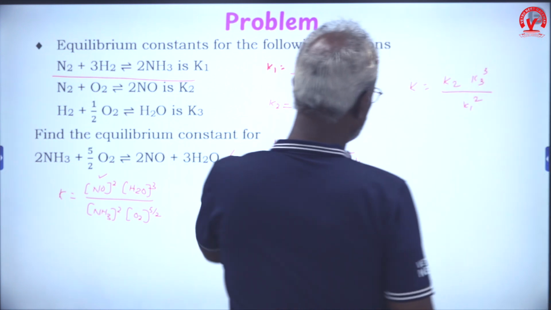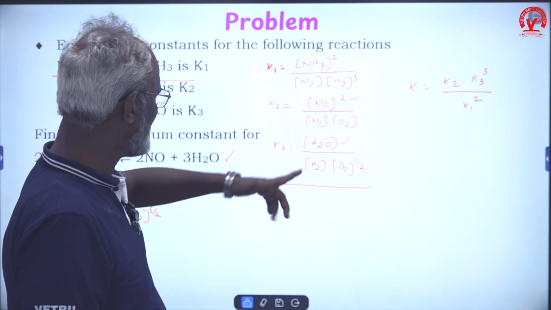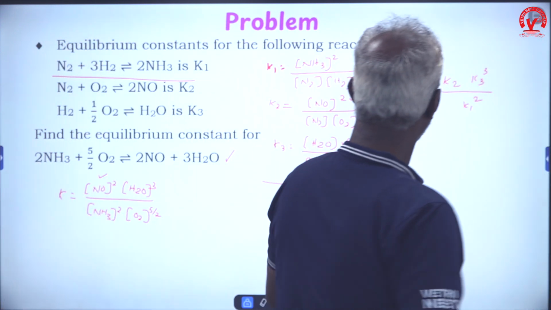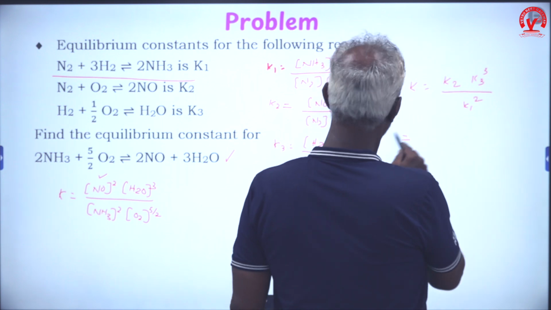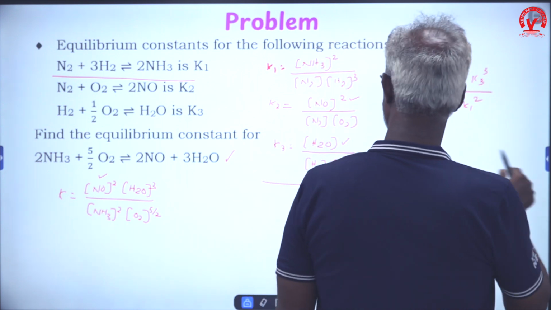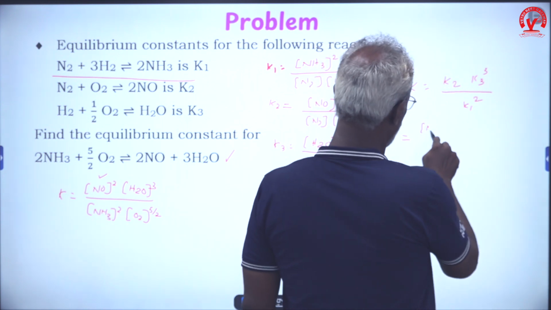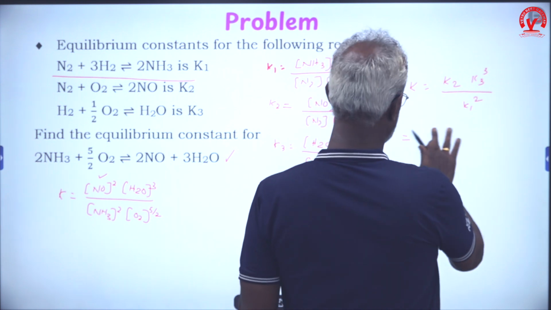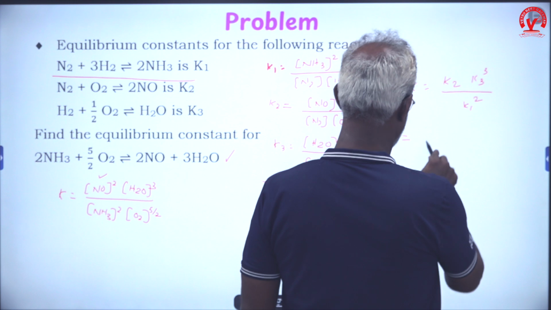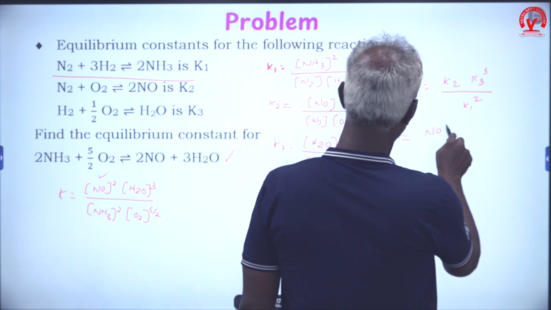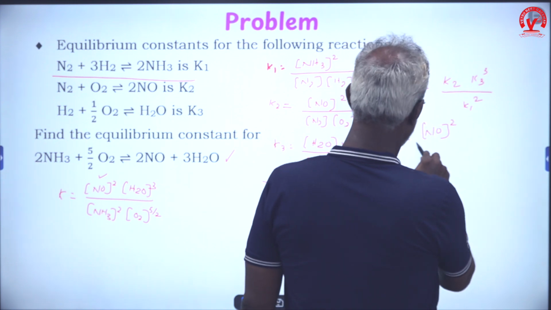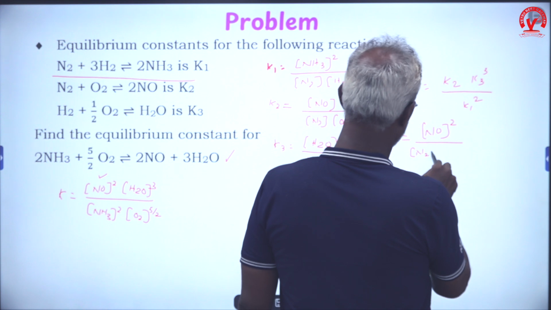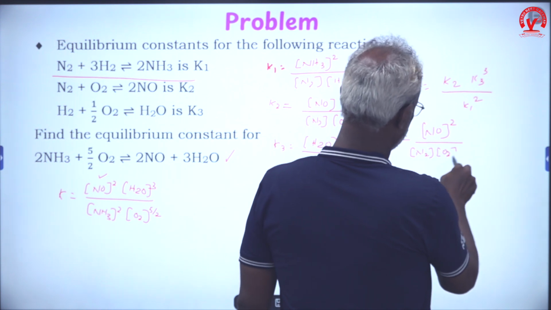Okay. So now we will try to see. It seems like this only. Now we will write and see whether we are getting this K value. K2, which is NO square, NO square K2 divided by N2 and O2. Okay.